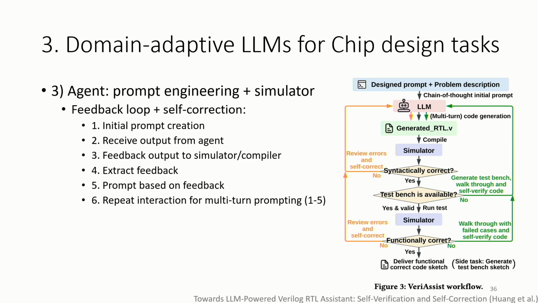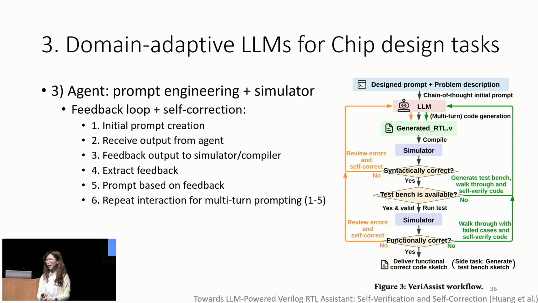So a little bit of a teaser on the agents. Mark will give more examples later. Basically, we want to do a feedback loop and self-correction to perform multi-turn generation and correction. You first have some initial prompts as shown in the last example. After you generate the code, you collect the output from the agent.